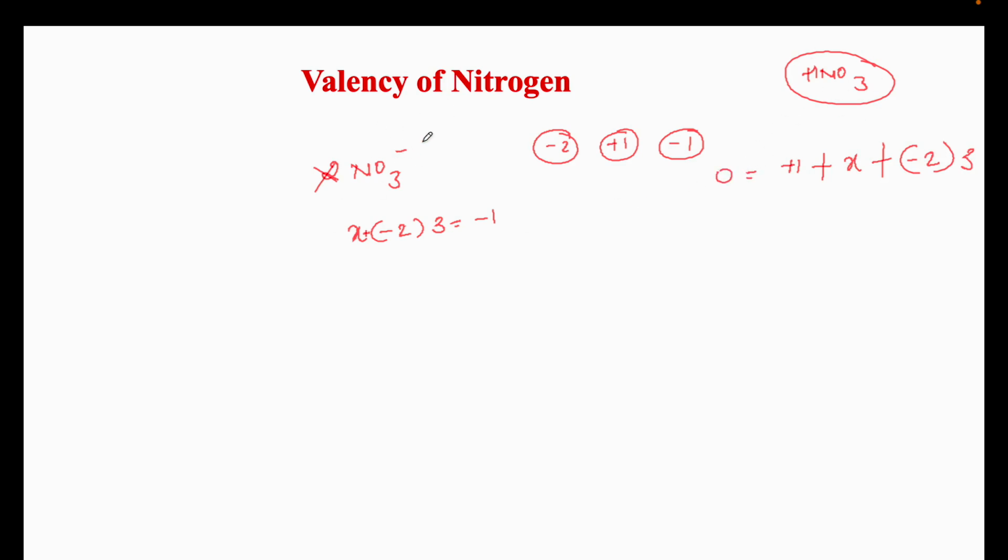Here the overall charge is -1, so we are equating to -1. So X plus (-6) equals -1, so X will become +5. So the valency of nitrogen in NO3 minus is +5.